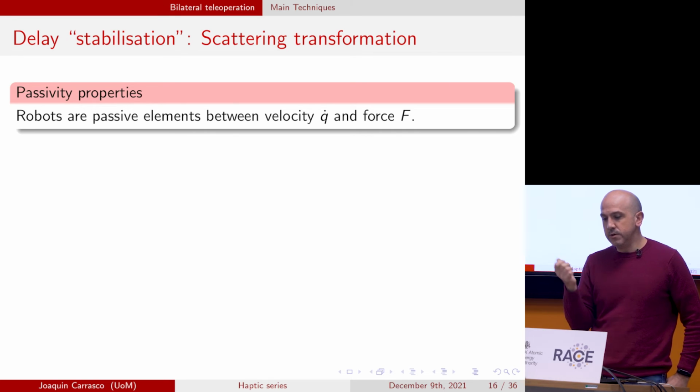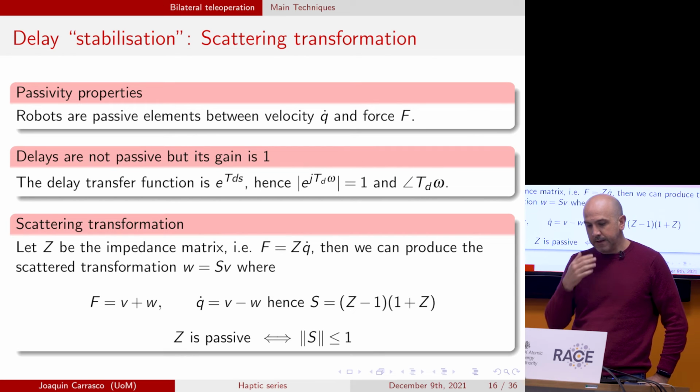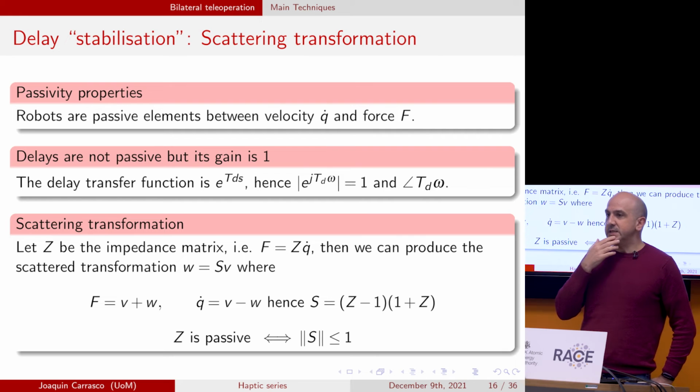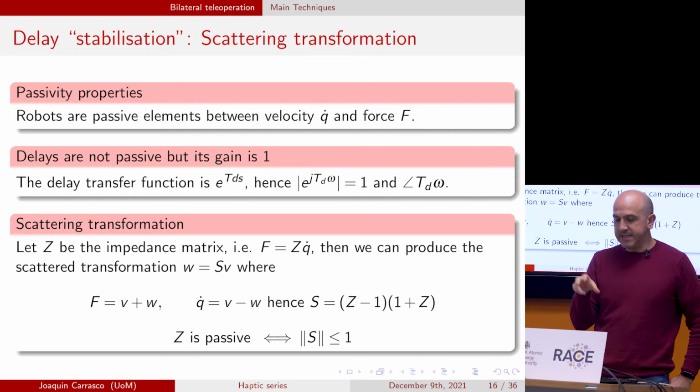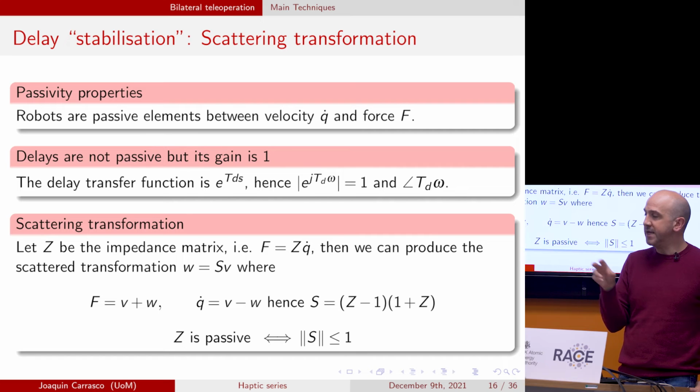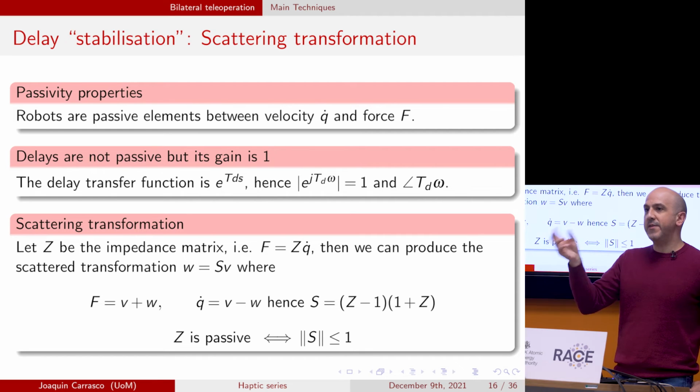And this is something that in control theory is called the scattering transformation. The scattering transformation says that if you have a system that is passive, you can always produce a different system that is a small gain, or half gain, equal to 1. And this is if and only if, so you can go in either direction.